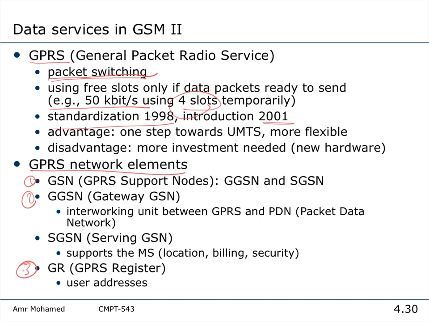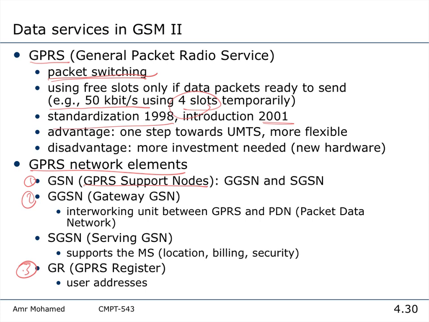So we have GPRS support nodes, which perform all kinds of handover and some of the management functions. It also gets involved in authentication, in billing, and so on. But on the packet switched side, for data services.